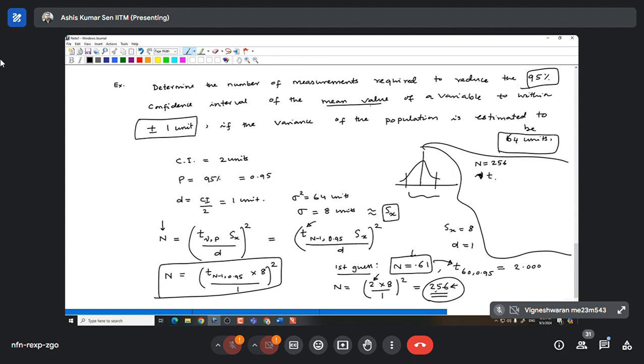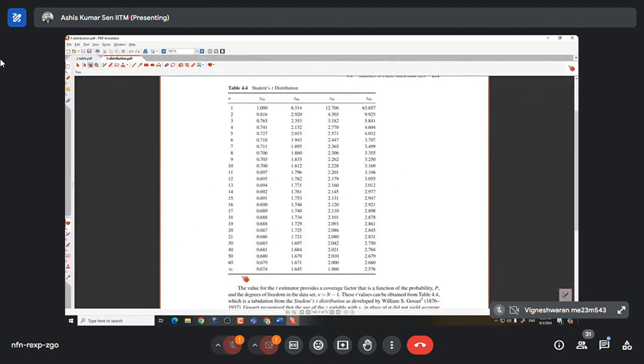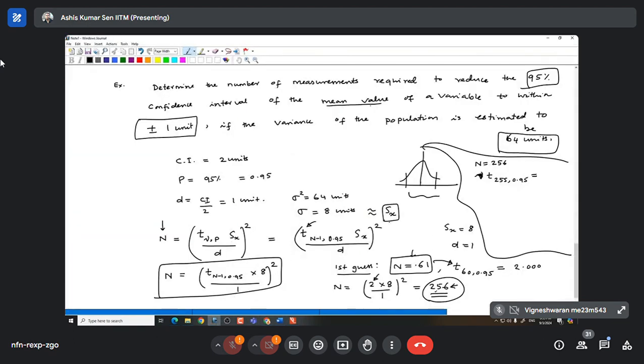So now I read t of 255, 0.95. So I go to my t distribution table and see that after 60, it is infinity. So you have to take this value. It is coming 1.96. Okay.